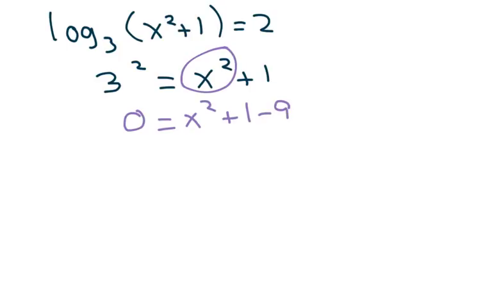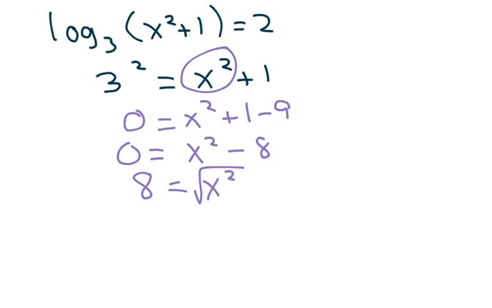So we have x squared minus 8 equals 0. In this case, I'm going to go ahead and move the 8 back over. So 8 equals x squared. Square root both sides. Plus and minus, that's plus and minus 2 root 2.